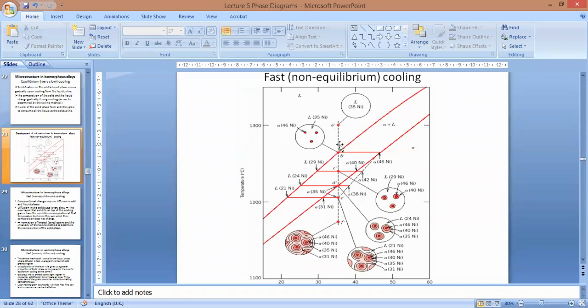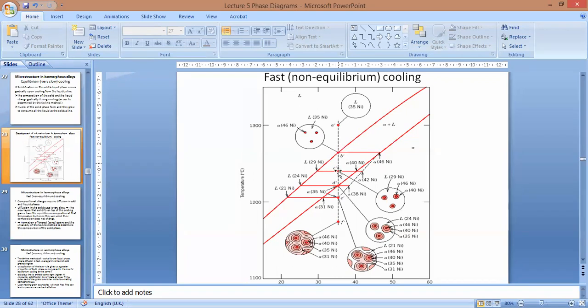Then, as you go down further to point C, as you hit the liquidus line, your first crystals or solid particles appear. As you go down, what's happening?